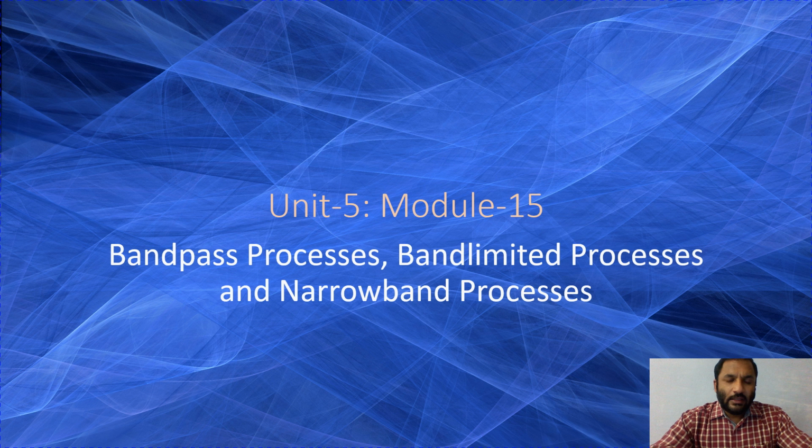So the first one is called the band pass process, and a band limited process is also a type of band pass process. However, its frequencies are strictly concentrated in a cluster of bands, and outside that band the power distributed for that process is 0.